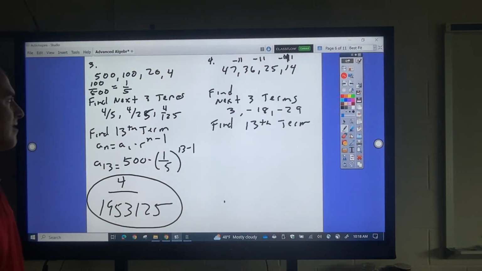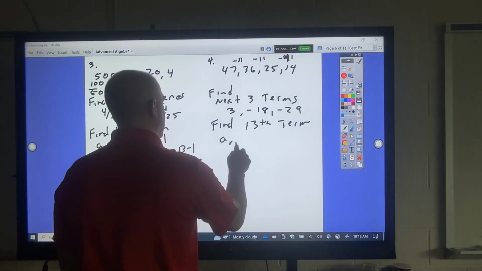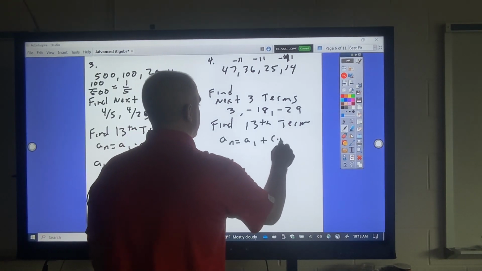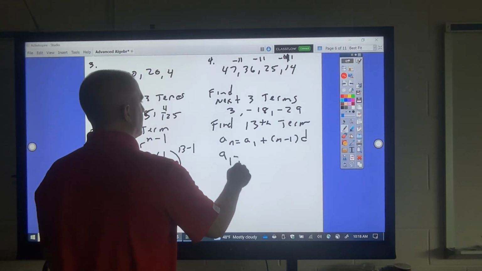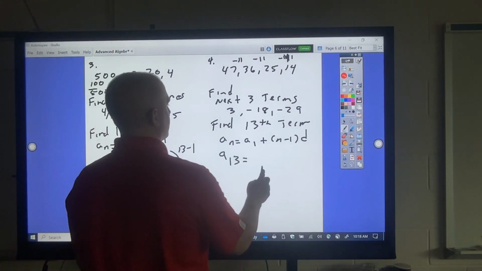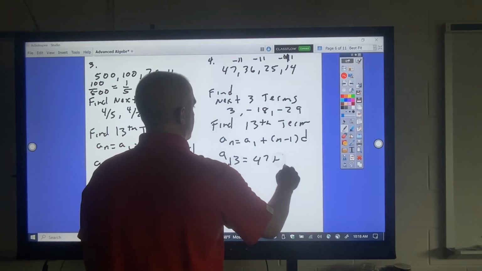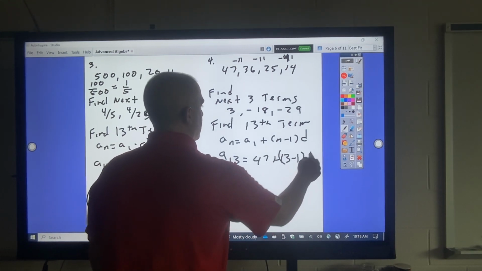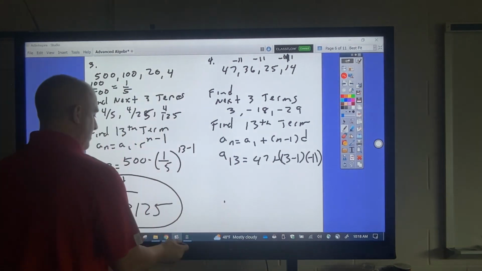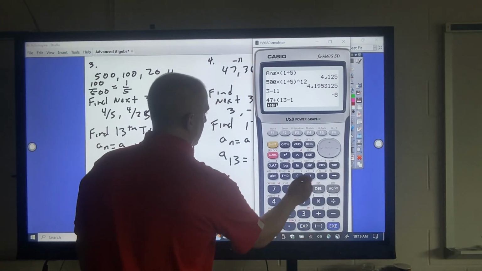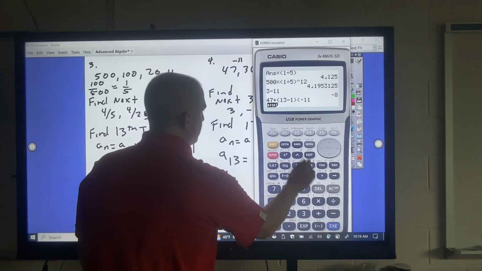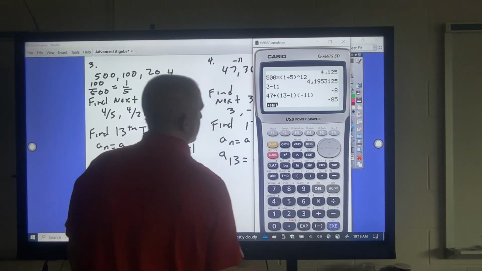Since it's arithmetic, I've got to find the recursive. I'm sorry, I've got to find the explicit formula. So for the 13th term, that's going to be 47 plus (13 minus 1) times negative 11. I've got to put that negative in there. Don't leave out this plus here, because if you don't, the multiplication doesn't work.